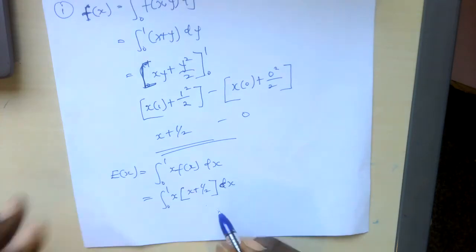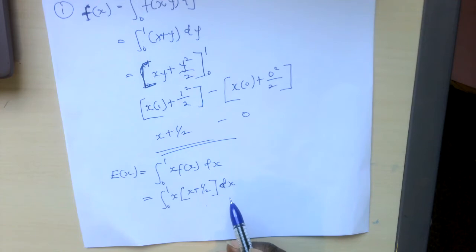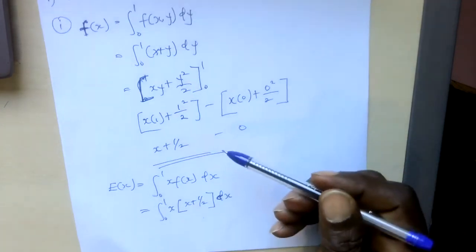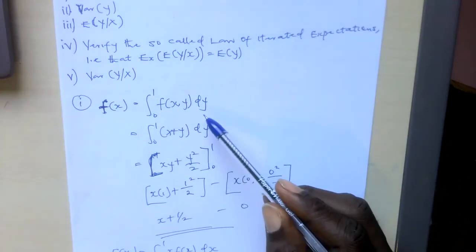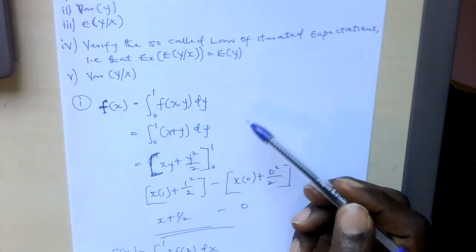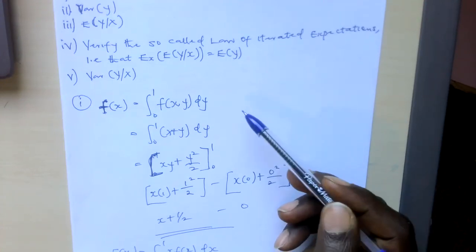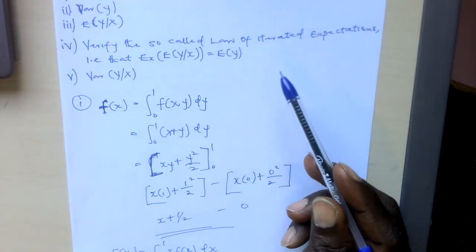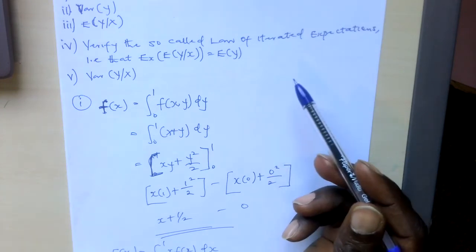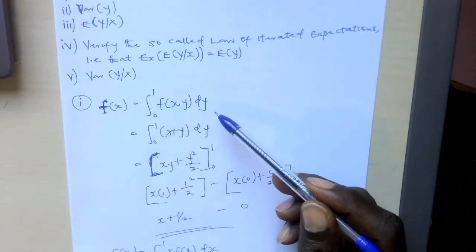Now we are integrating with respect to x here, because we are looking for the expected value of x. But initially we integrated with respect to y because we needed the PDF of x. If you are looking for the PDF of y, you need to integrate with respect to x. But here we are looking for the PDF of x. That is why we integrate with respect to y.